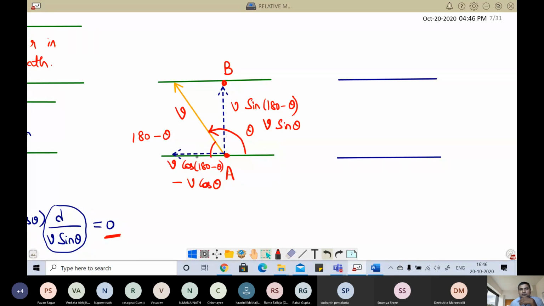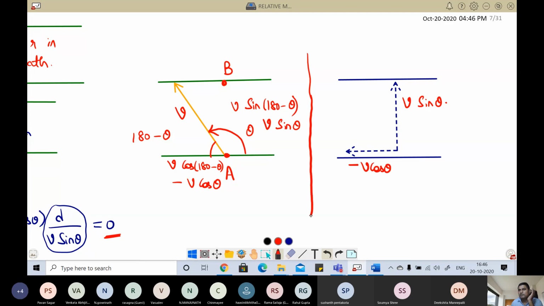This is man's effort right now, in x direction, and similarly in y direction is this one. Please remember man's effort. Man's effort right now is minus V cos theta in x direction, and in y direction is V sin theta. This is the diagram approach I'm applying.